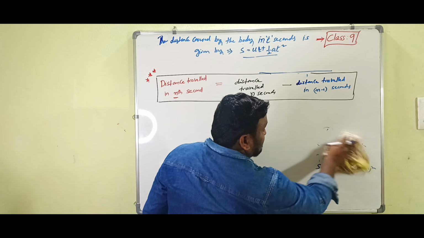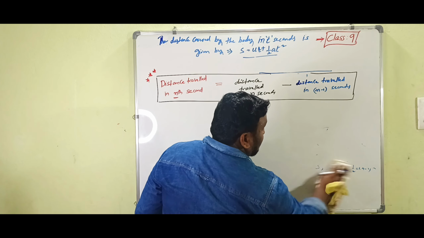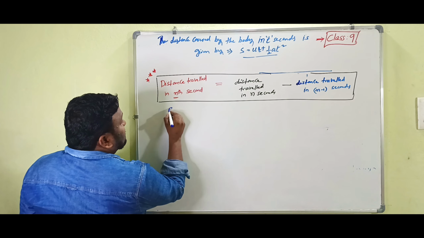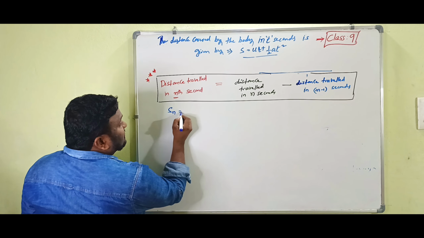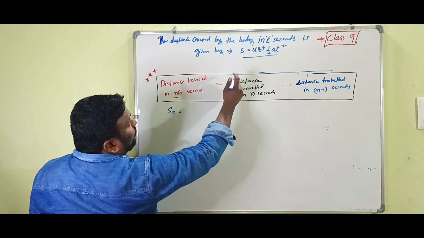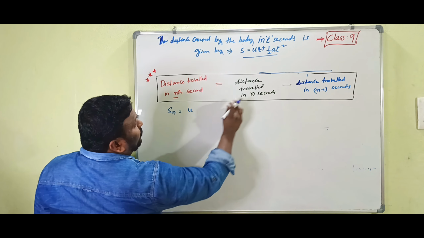Very simple logic, that is, when you have an idea about this, you can easily derive the equation. Look here, distance traveled in nth second: I am writing Sn is equal to the distance traveled in n seconds. How can we write it in n seconds?